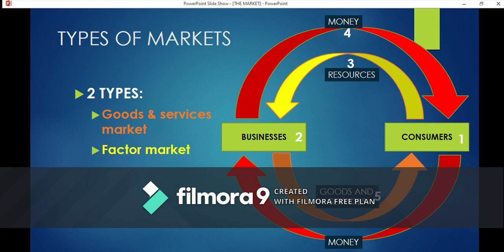You can see the goods come from the business and go to the consumer through the goods and services market, which is the orange one, right? And what do they do with that? They pay them money. So in effect, the red is the monetary circle, and the inside circle is the flow of your resources as well as goods and services.